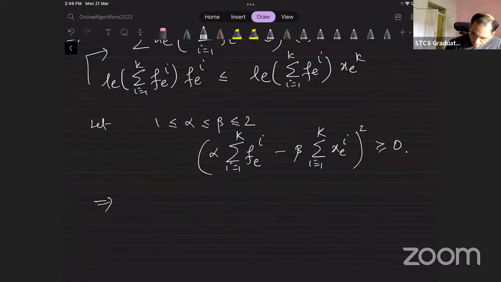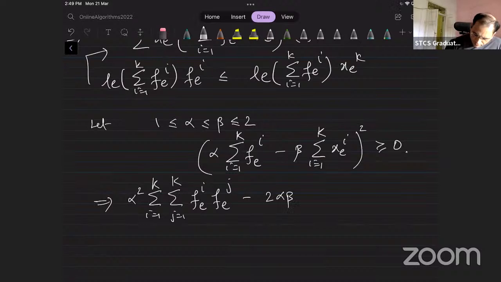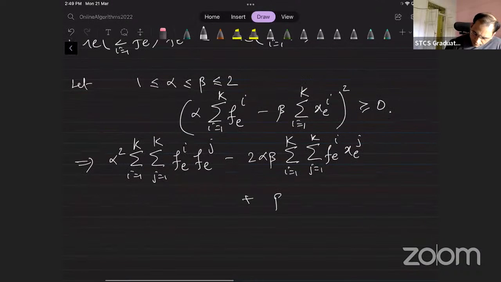And this also implies, just by opening the brackets, alpha square, sum over i equal to 1 to capital K, j equal to 1 to capital K, f_ei f_ej, minus 2 alpha beta, sum over i equal to 1 to capital K, j equal to 1 to capital K, f_ei x_ej, plus beta square.